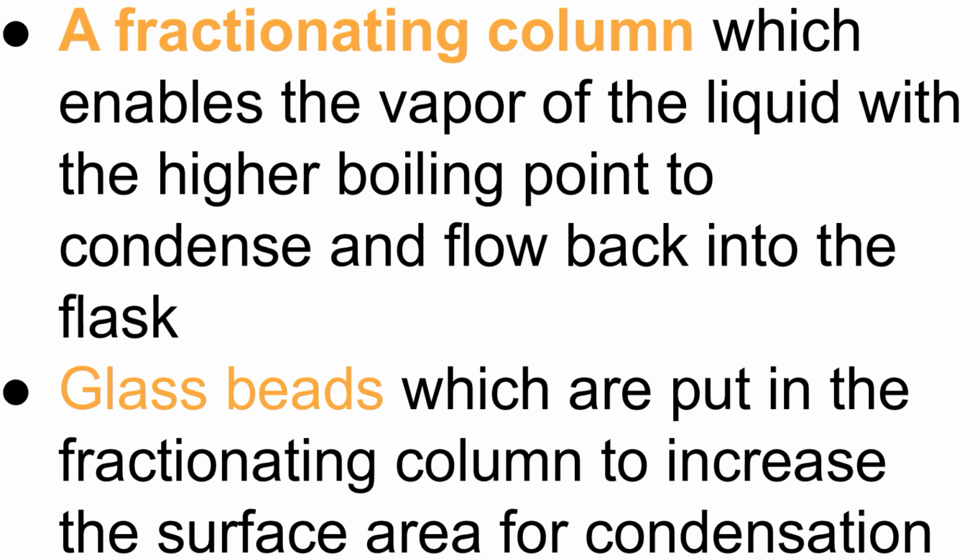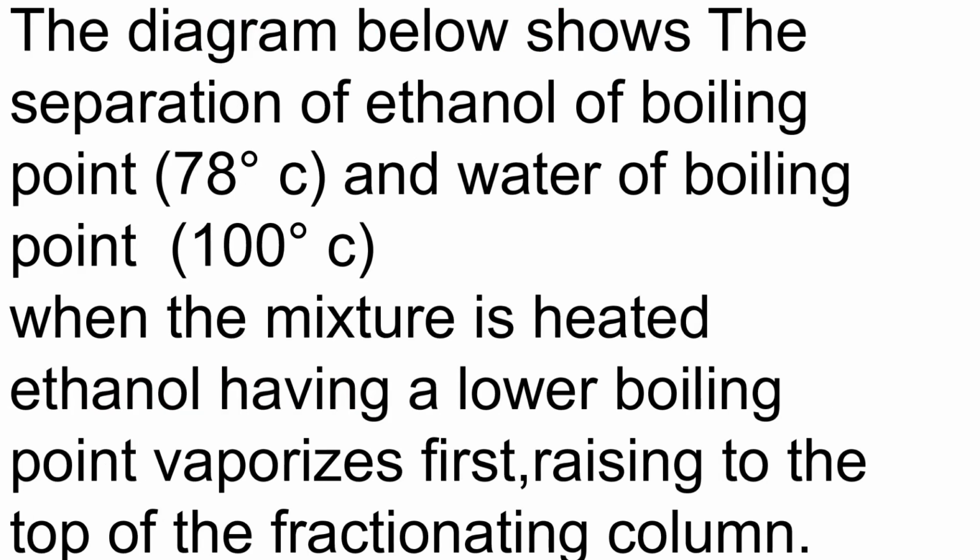Then it also has glass beads which are put in the fractionating column to increase the surface area for condensation. Now the diagram below shows the separation of ethanol of boiling point 78 degrees Celsius and water of boiling point 100 degrees Celsius.